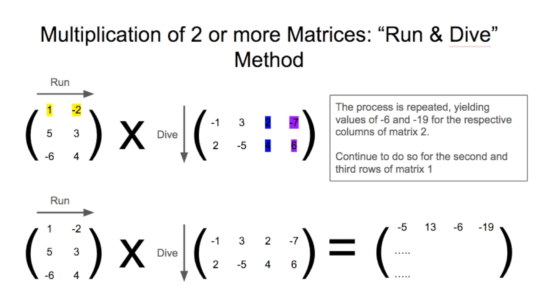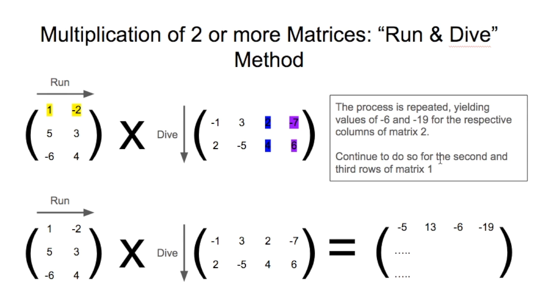And when we apply this to the other two columns, column 3 and column 4 of matrix 2, we find that we yield values of -6 and -19. And so what we find is that our current final multiplied matrix has these 4 values as part of the first row, because we have only done the first row of the run here.